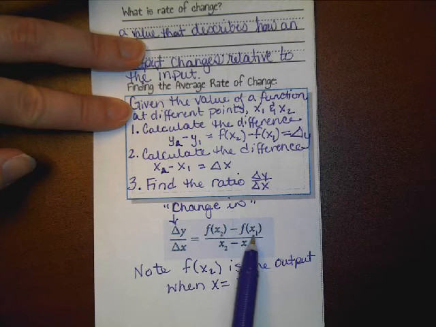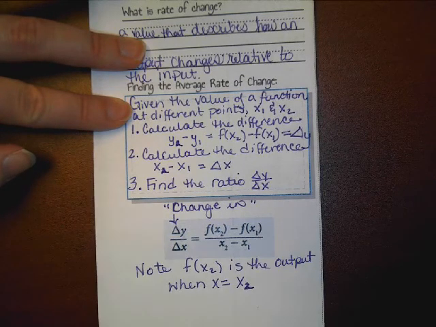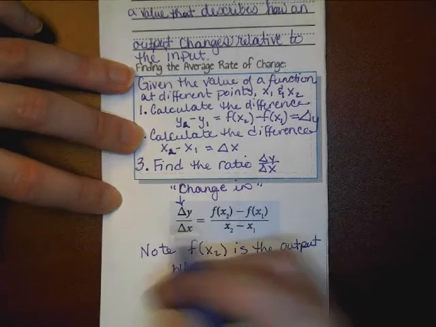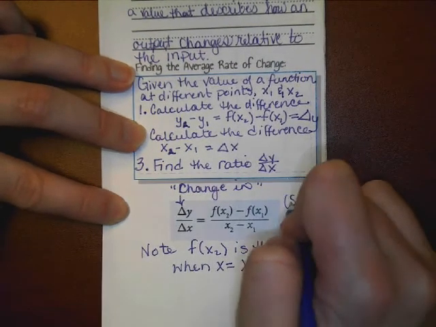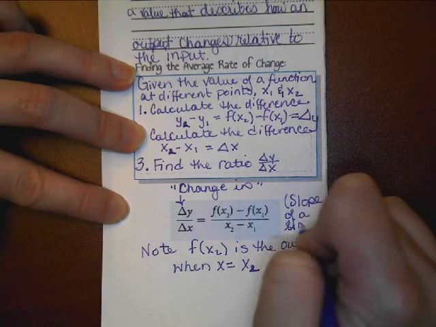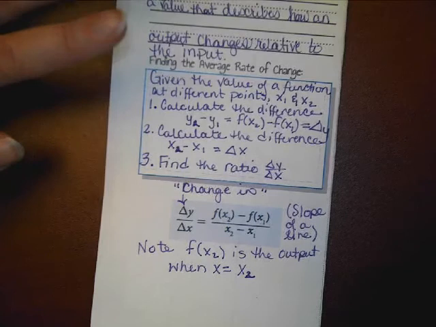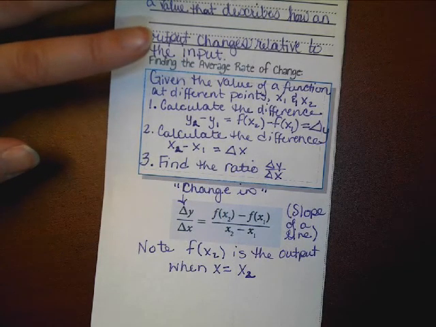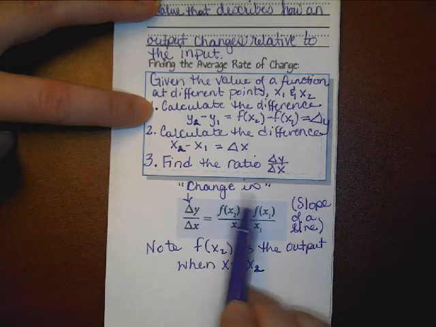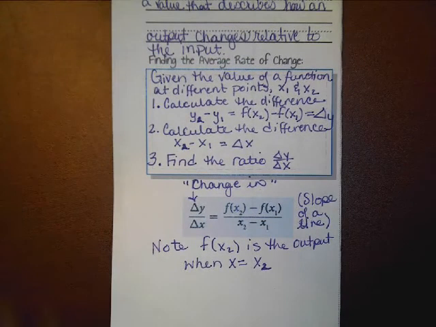And this here is the function, the output when x is x sub 1, or that first number. Okay, so this is a lot like slope, right? Slope of a line. And in particular, that is what the rate of change does. Change in, all right.